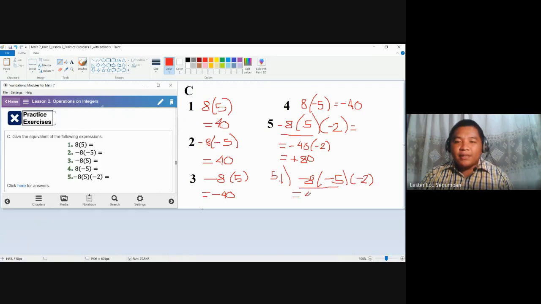The result is positive 40. And then we multiply it later by negative 2. Positive times negative should be negative 80. Again, if we multiply three negative numbers, it doesn't necessarily mean the answer is positive. So you do it step by step. Do not jump to conclusions. The point here is just for you to do it step by step to make sure that your answer is correct.